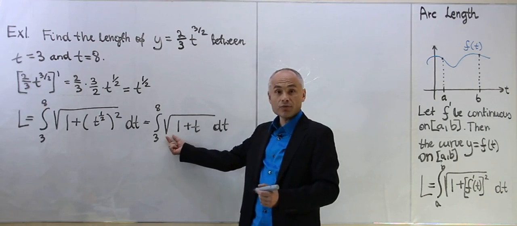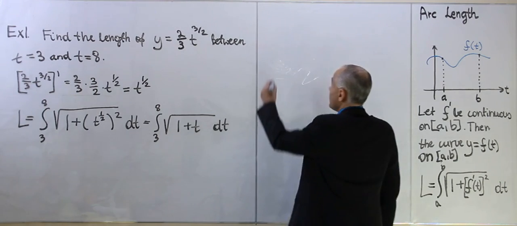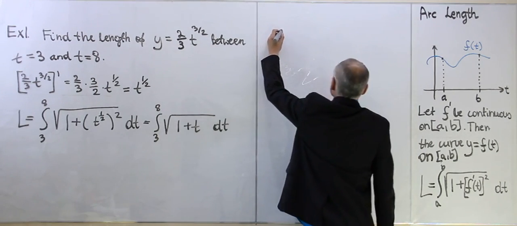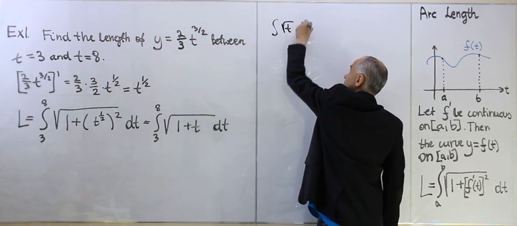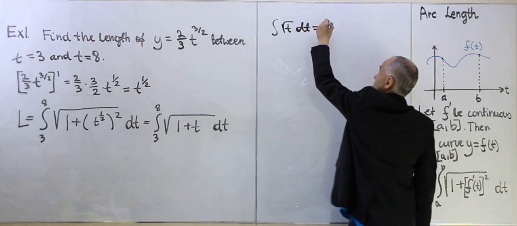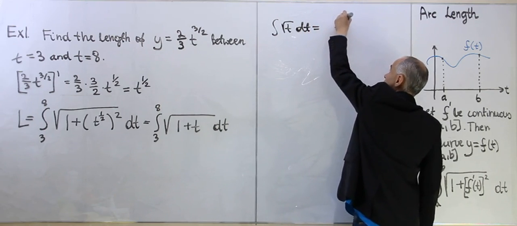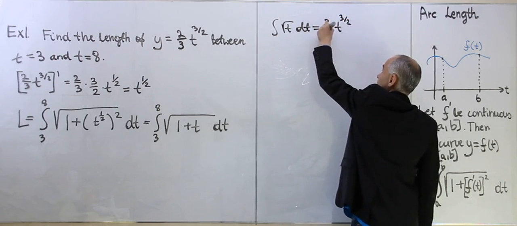So if I had the square root of t, then you know that the integral of the square root of t dt is equal to 2/3 of t to the power 3/2, right?